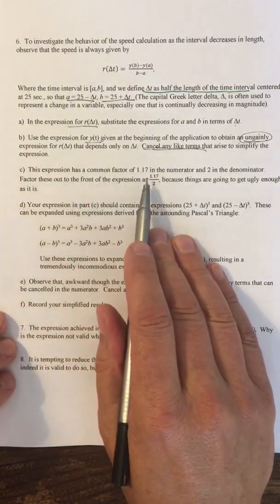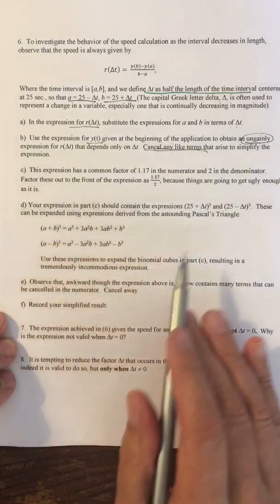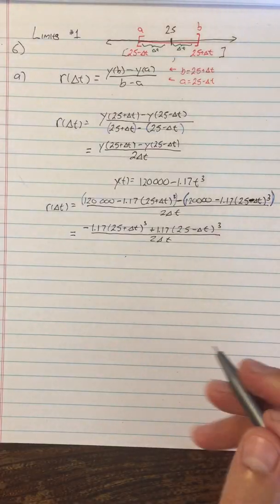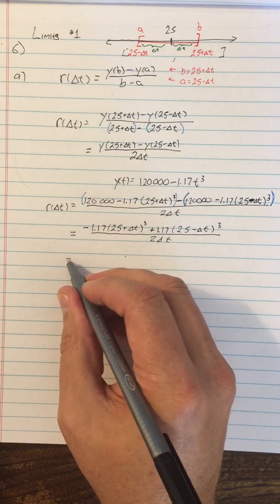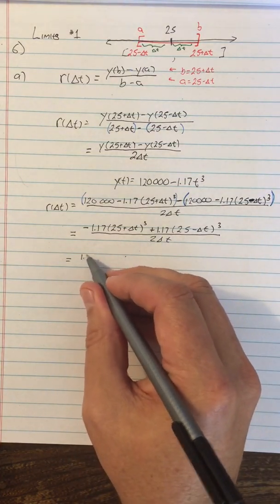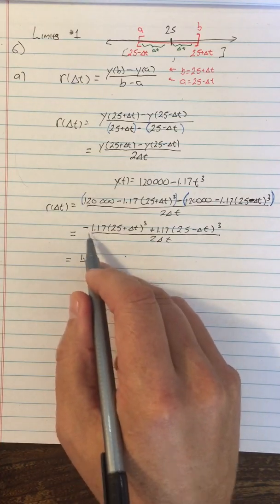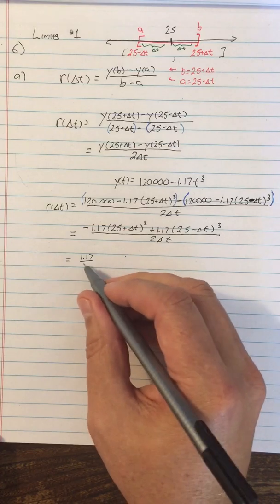It says the 1.17 and the 2 in the denominator, we're going to factor it out because it's going to help. Things can get ugly. They are. I think it gets pretty horrible. So what we're going to do is factor out the 1.17 over 2. By the way, one thing that I could have considered doing is factoring out negative 1.17 over 2. So then I'd have positive here and negative here, but it doesn't matter if you do that or not.